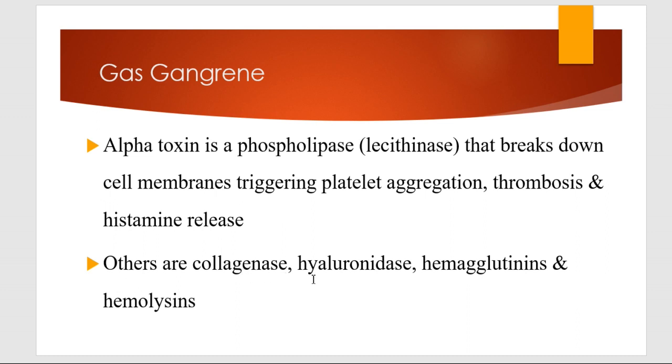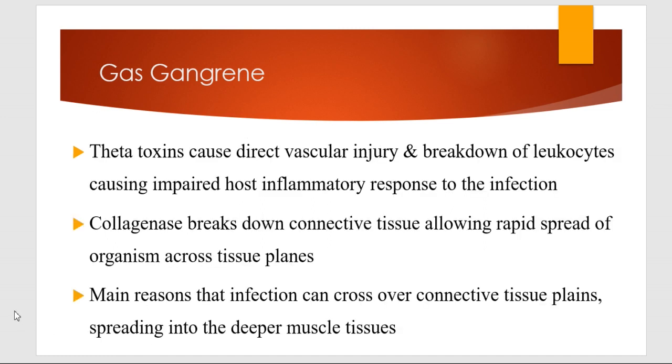Other toxins are collagenase, hyaluronidase, hemagglutinins, and hemolysins. Apart from the alpha toxin, there is the theta toxin. It causes direct vascular injury and breakdown of leukocytes, causing an impaired host inflammatory response to the infection.